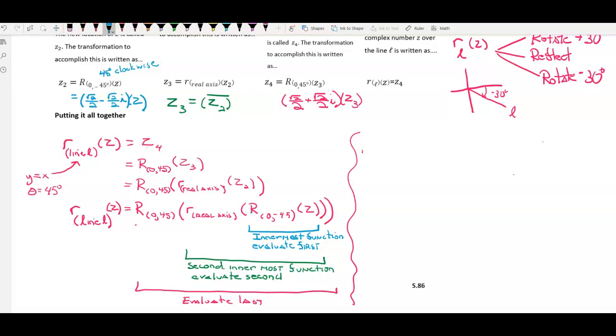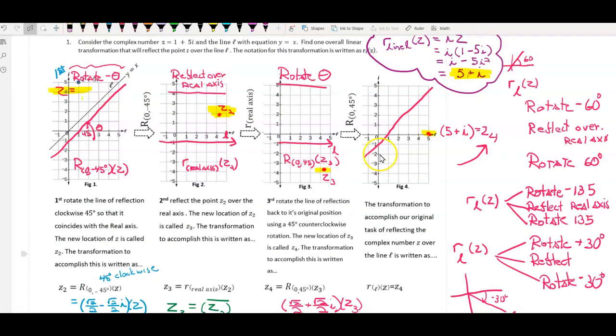So let's see. Let's go black. All right, so I want to come up with an equation that reflects the point Z over the line L. After we were done, we found out that where we ended up was Z4.